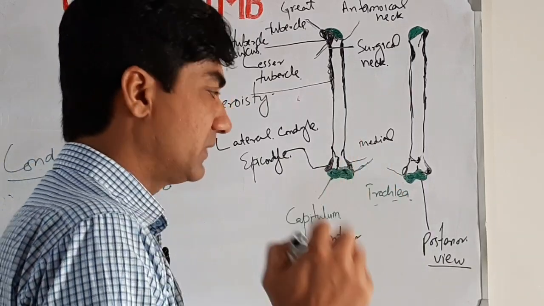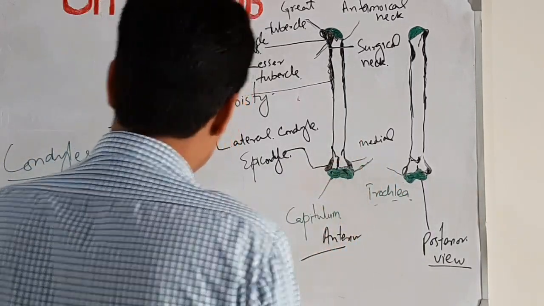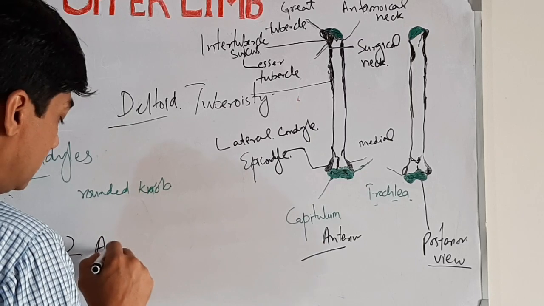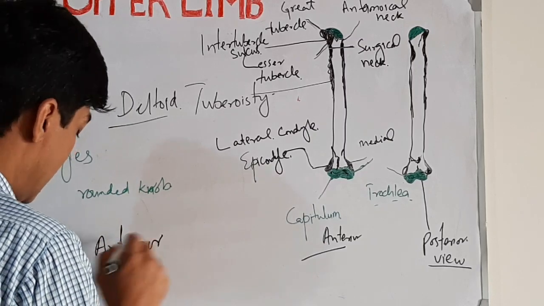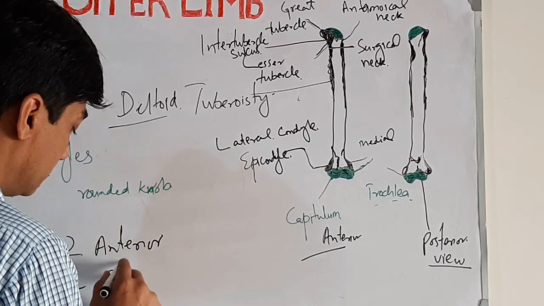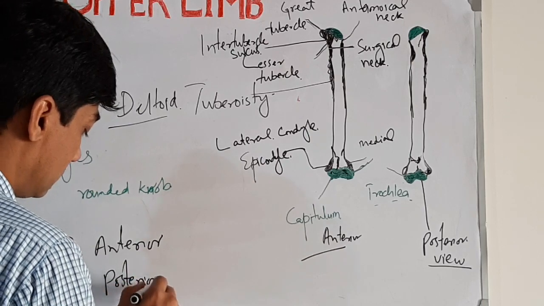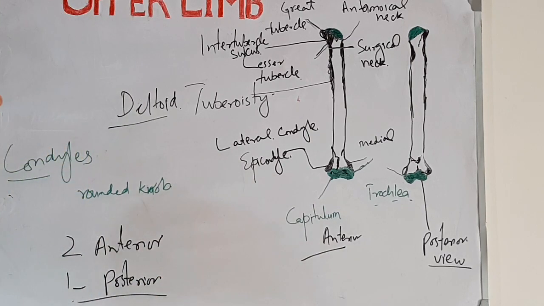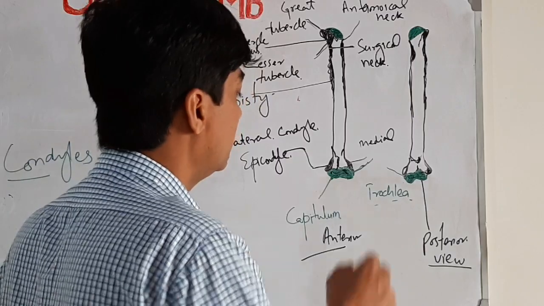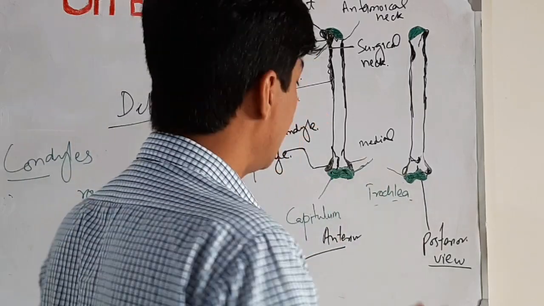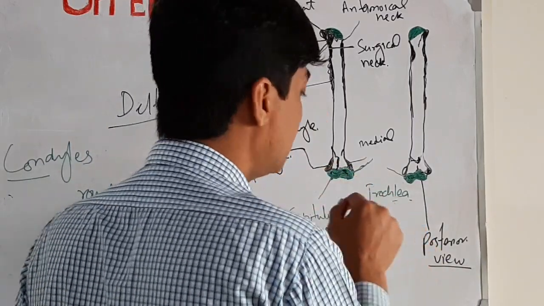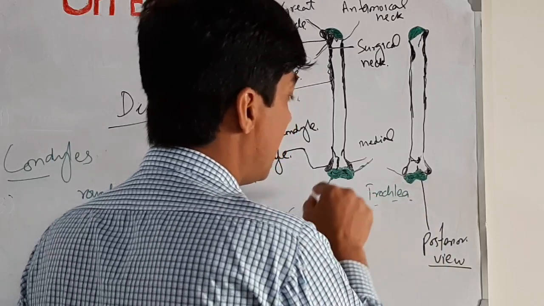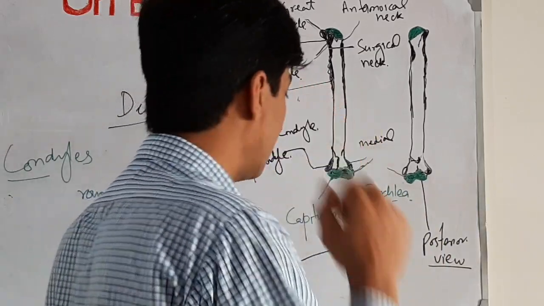There are three fossae. Two are anterior and one is posterior. Just try to concentrate on it, because this is the complex structure of the humerus. It is distal because it forms the elbow joint.